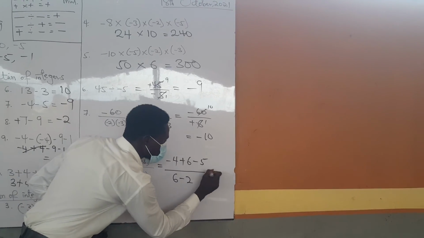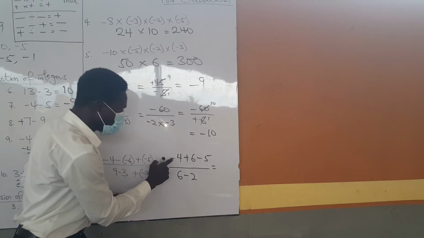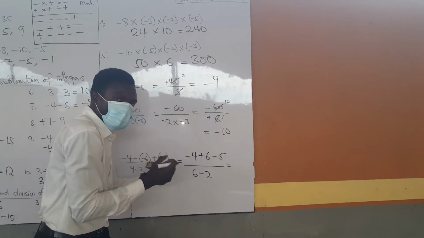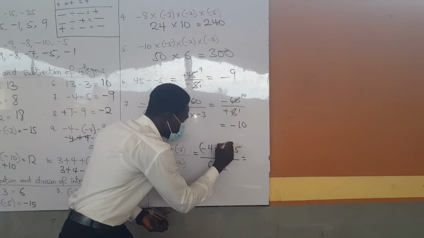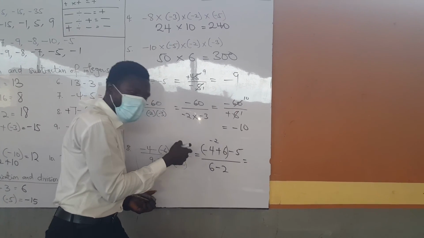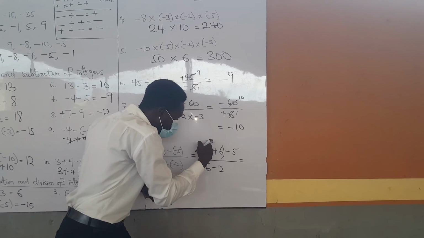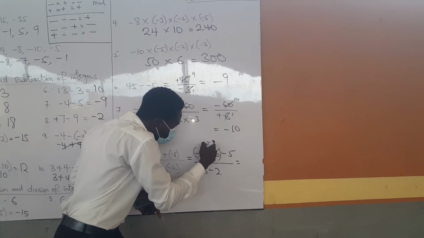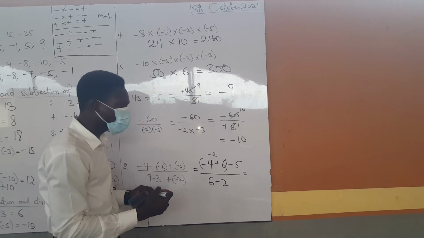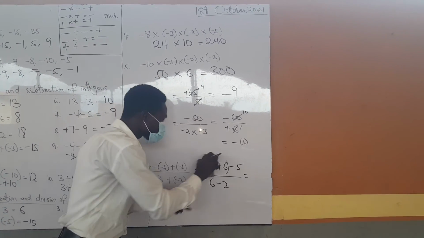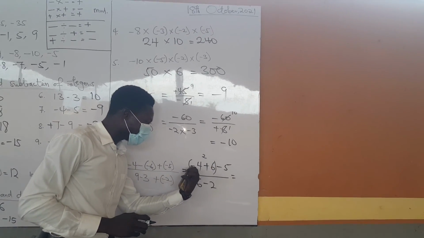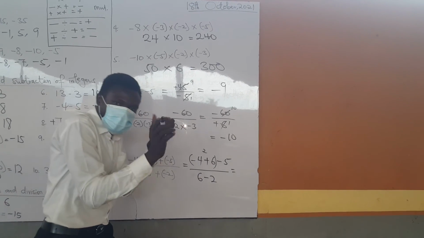So let's do the simplification. Negative 4, I owe, plus 6, I have. So if I pay, this is going to give me negative 2. Because if I pay my 6, I'll still owe. So if this gives me negative 2, now I'm going to say negative 2 minus 7... Sorry for that. If we have positive 6, then negative 4. If we pay, it means we are not going to owe.